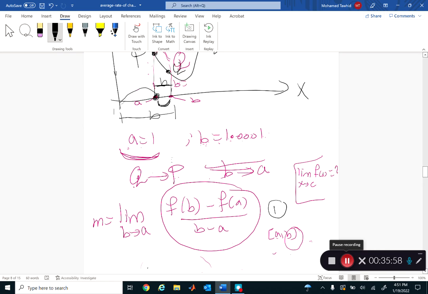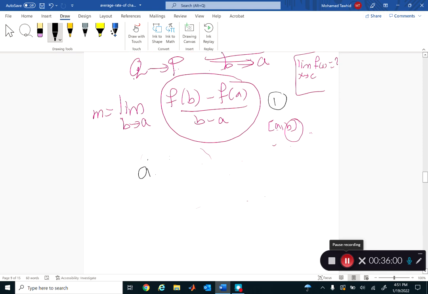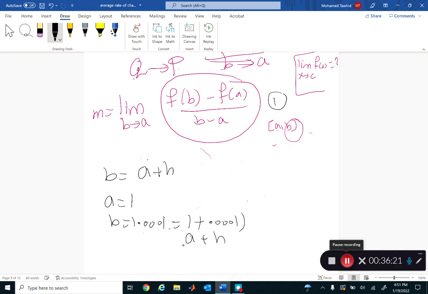So b is a plus h. For example, if a equals 1, your b will be 1.001, which is a, which is 1, plus h, which is 0.001. That is your a and that is your h. Your h is always something close to 0.